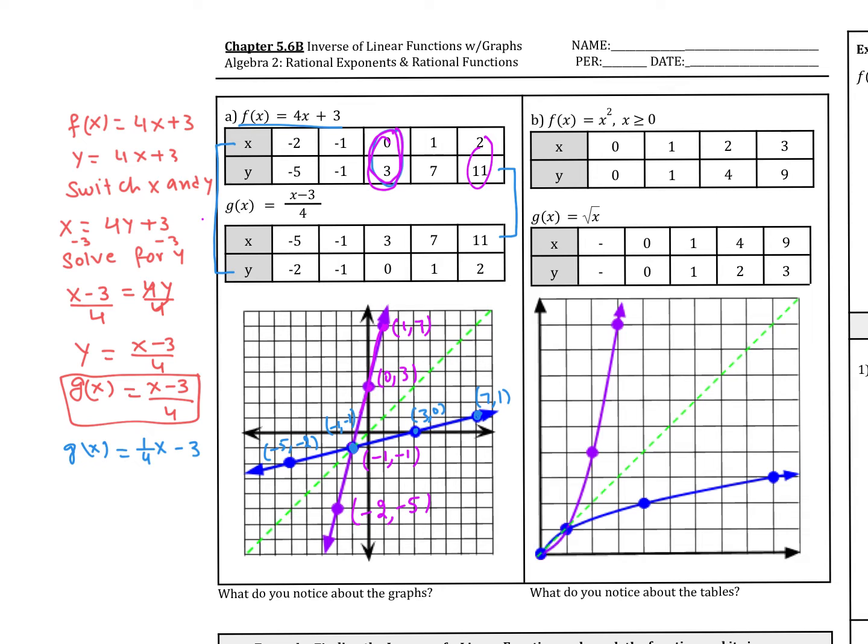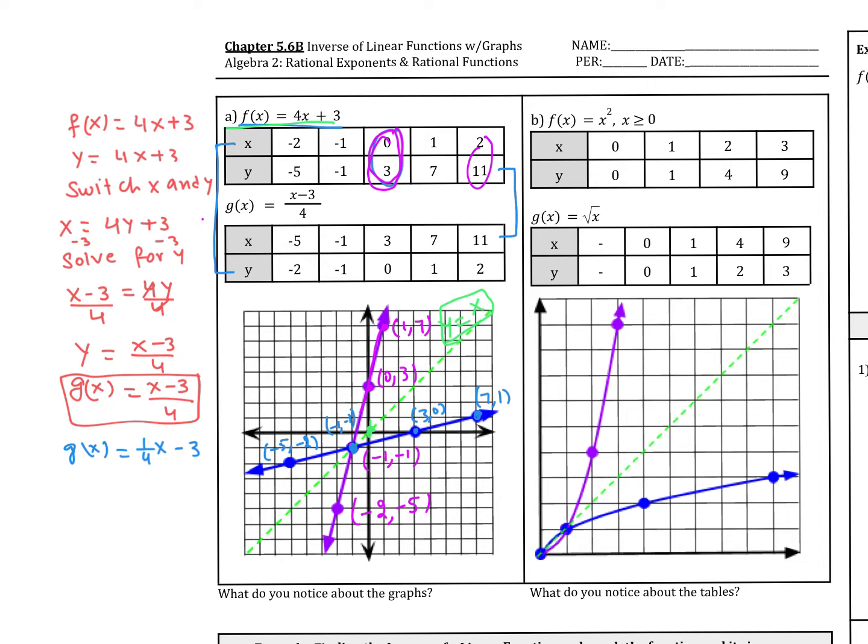What do you notice about the graph? You can see that these graphs are reflections over the y equals x line. The green line that you see is the y equals x line, where it starts from the center, 0, 0, and goes up 1 over 1, up 1 over 1. That's why it's called the y equals x line.